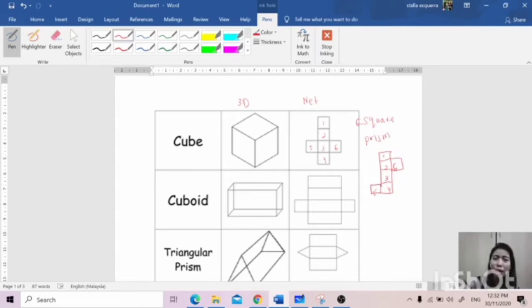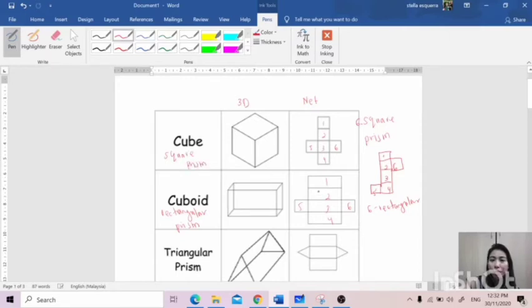A cuboid also contains 6 faces: 1, 2, 3, 4, 5, and 6 rectangular shapes. That's why they call a cuboid a rectangular prism, and a cube is a square prism.